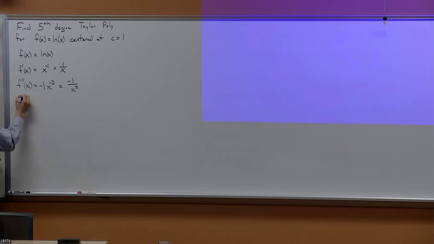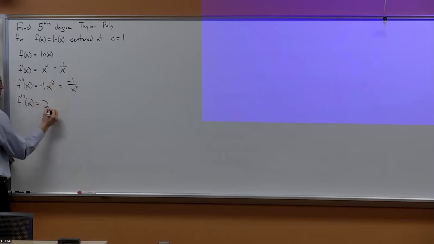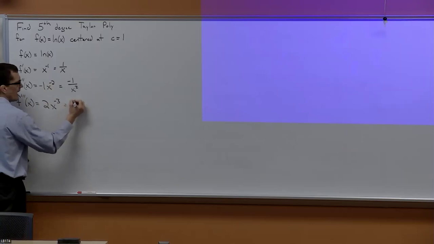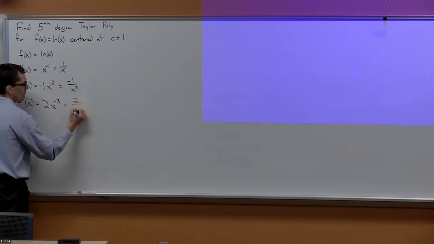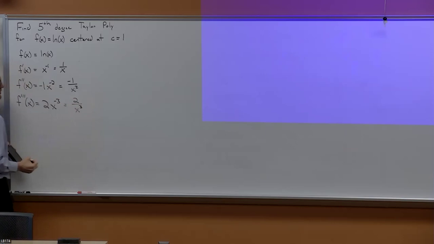If I take my third derivative, -2 times -1 becomes a 2. And then I lower the exponent by 1, so that -2 becomes a -3. And I get 2 over x to the third. My fourth derivative.